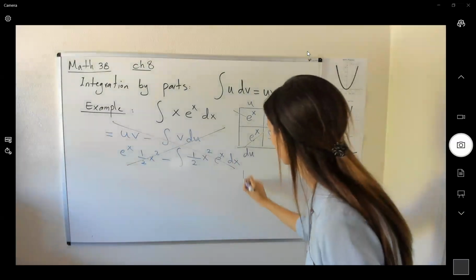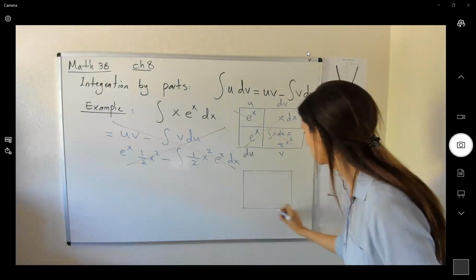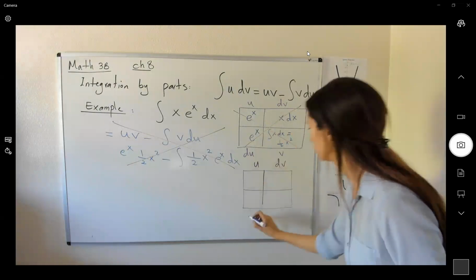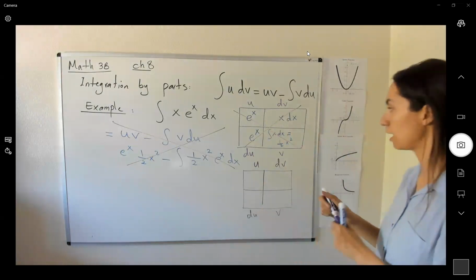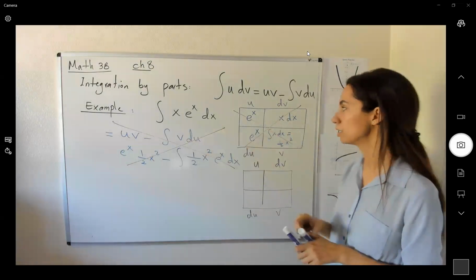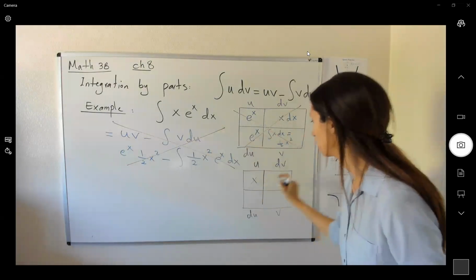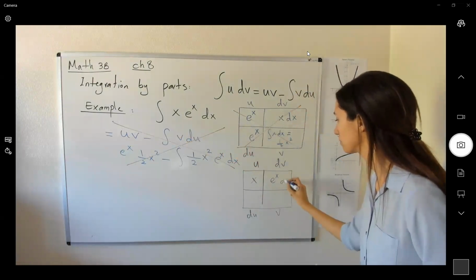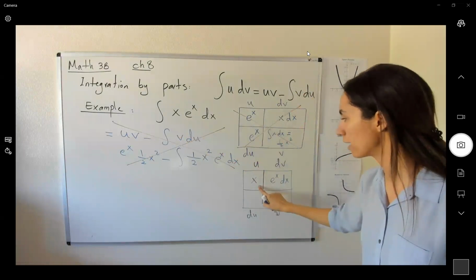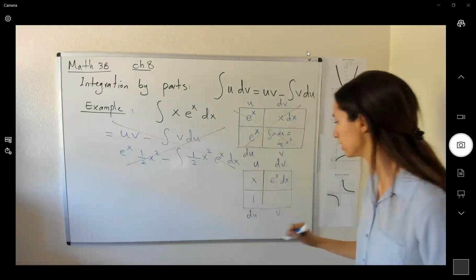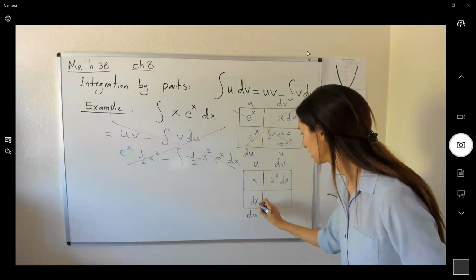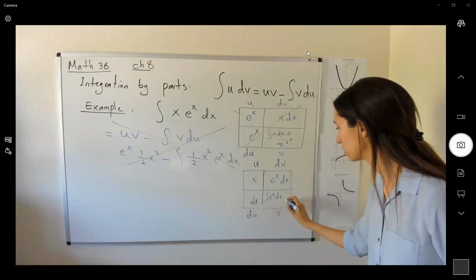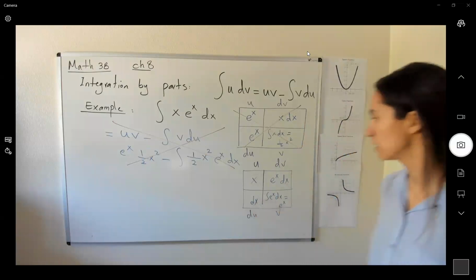So I'm going to try again. Now suppose I take u to be x and my dv to be e to the x dx. The derivative of x is 1 dx, and the integral of e to the x dx is just e to the x.